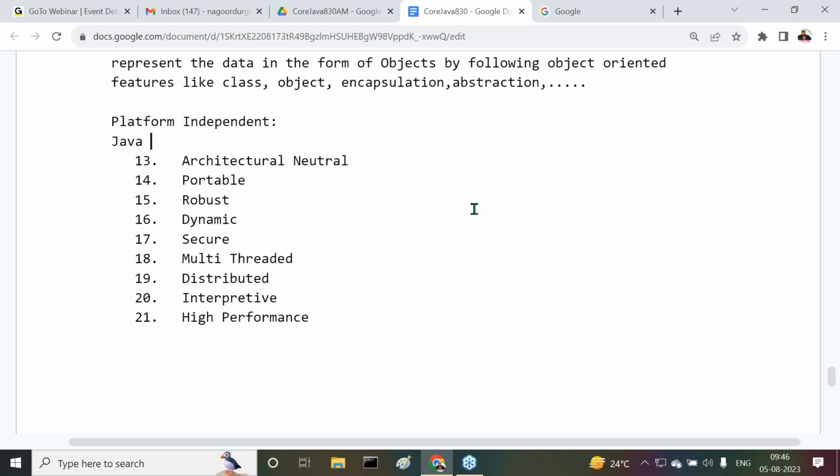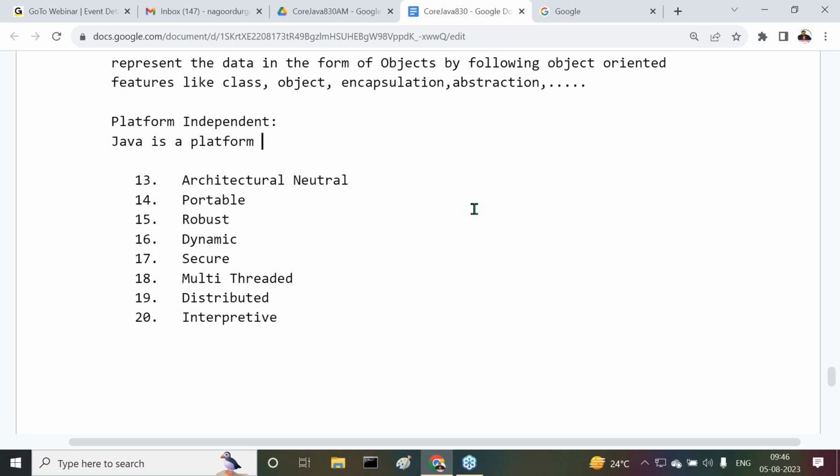Now the point is, Java is a platform independent programming language. Why?